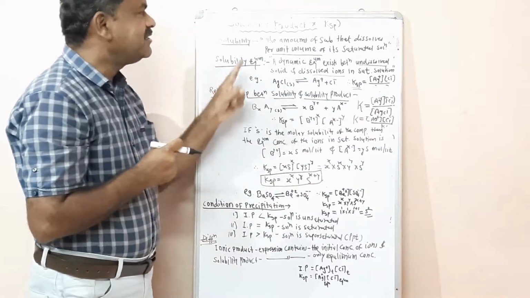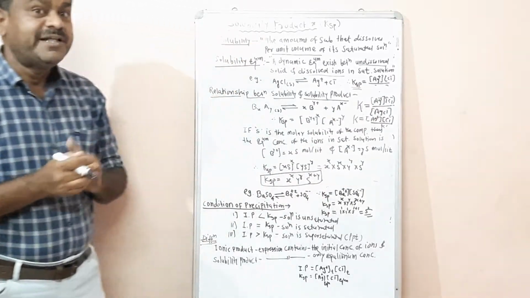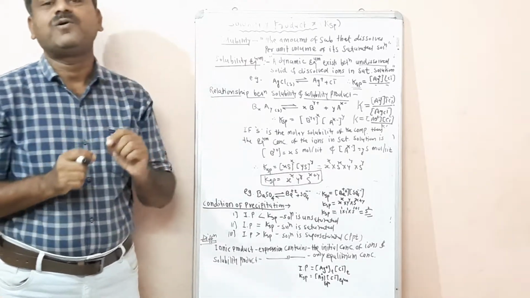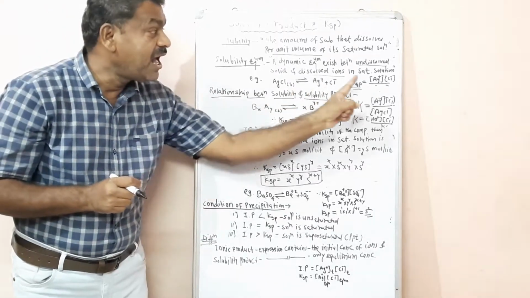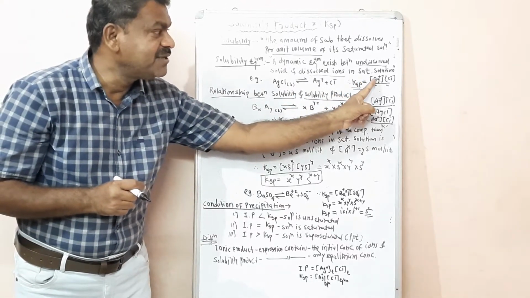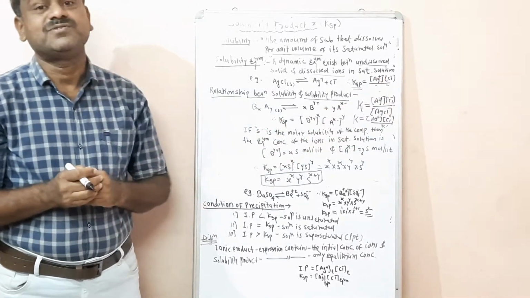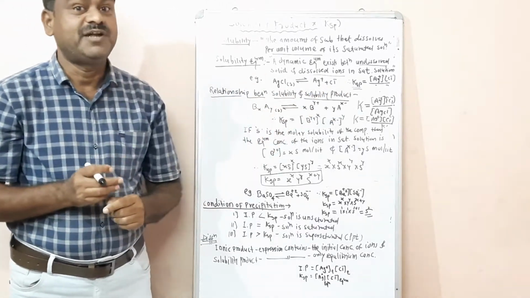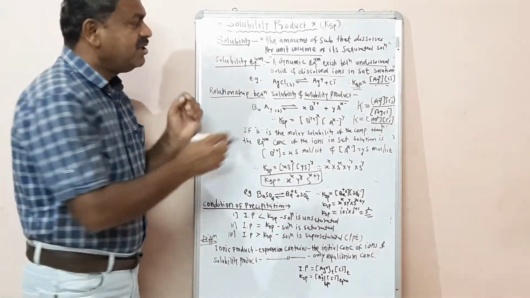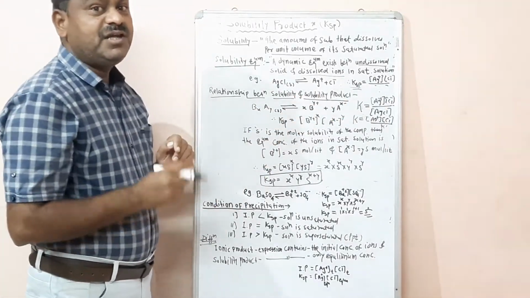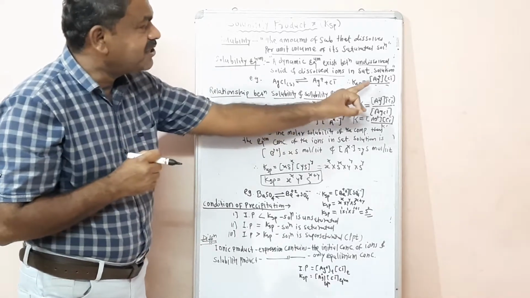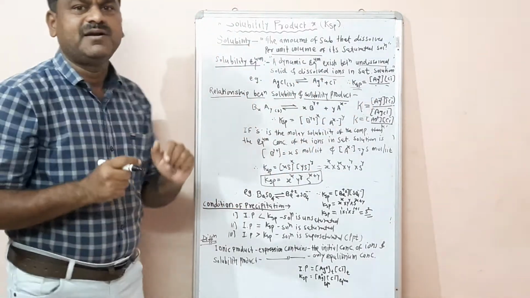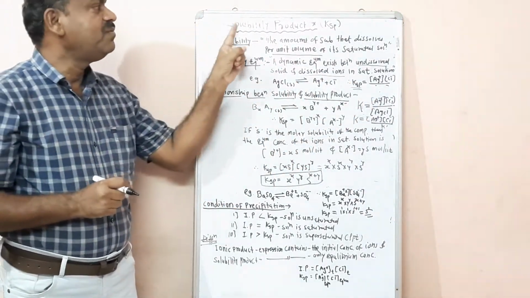Therefore, the solubility product is the product of the molar concentrations of the ions, here Ag plus ions and Cl minus ions, in a saturated solution. That is, the product of the molar concentrations of the ions in the equilibrium condition is known as the solubility product.